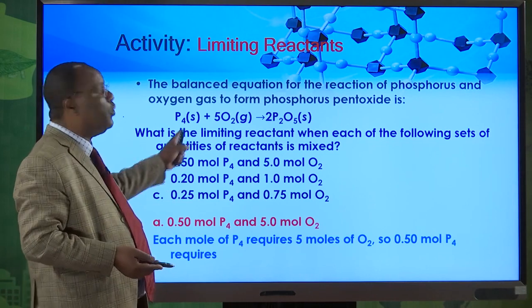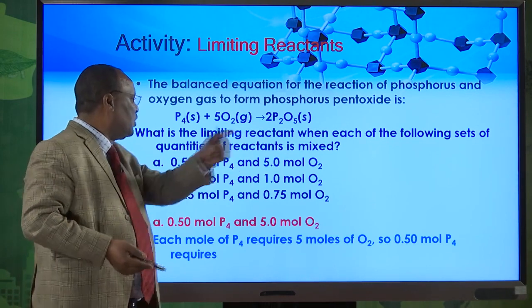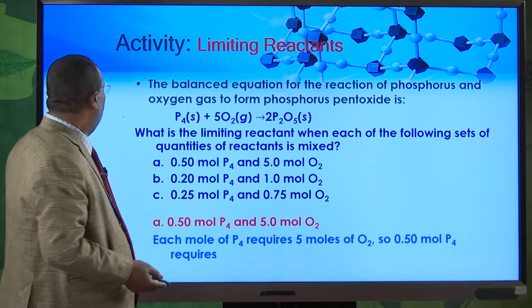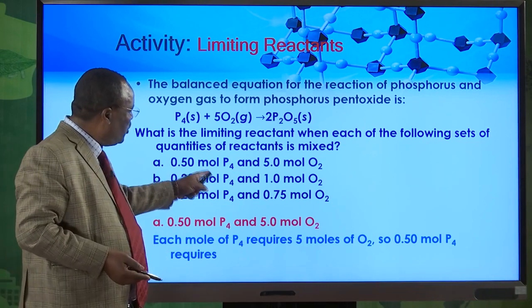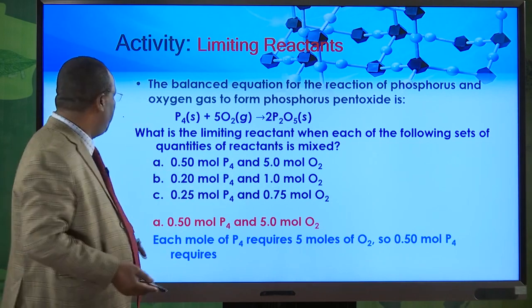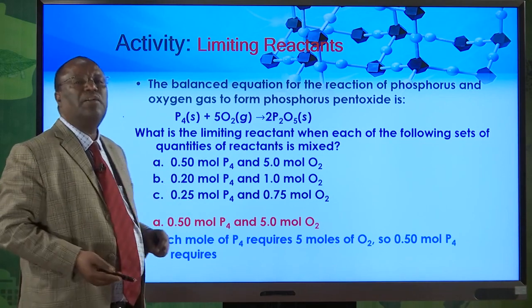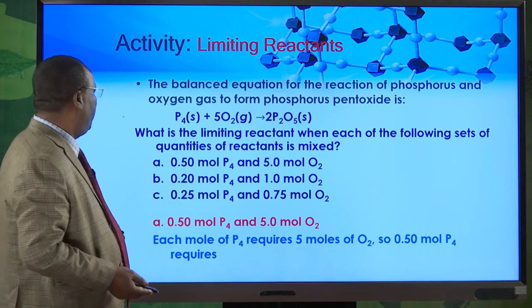If 0.5 mole of phosphorus is mixed with 5 moles of oxygen. If 0.2 mole of phosphorus is mixed with 1 mole of oxygen. If 0.25 mole of phosphorus is mixed with 0.75 mole of oxygen.